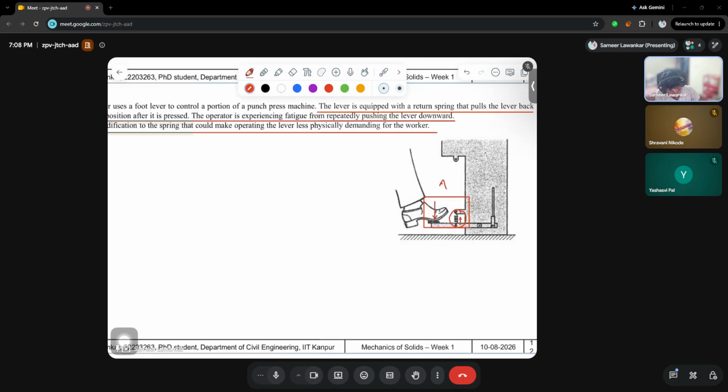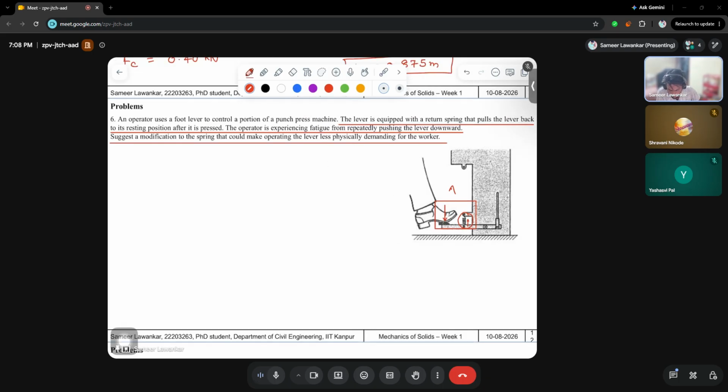If you do a simple summation of moments, shall I write it as F foot into D foot, is equal to F spring, let's say we are calculating the moment from the hinge portion here, into D spring, whatever the distance may be.